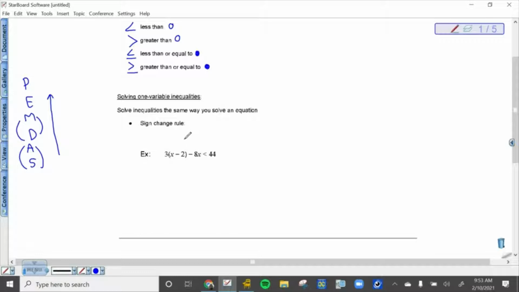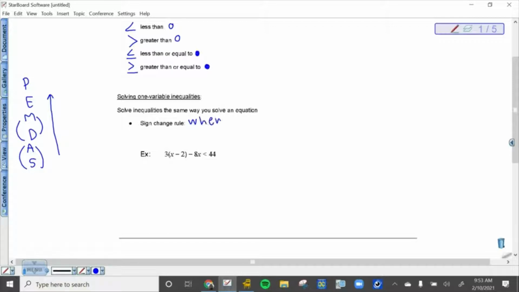So can someone summarize what the sign change rule is? That's part of it, yes. When you divide or multiply by a negative number, what do you do? Flip the inequality to be the opposite direction. So, sign change rule.